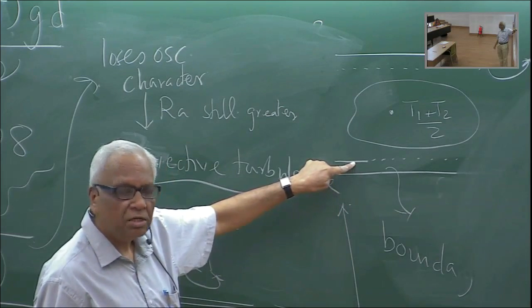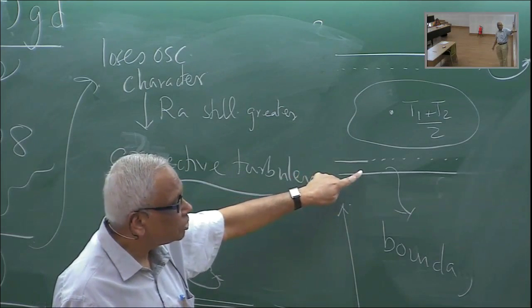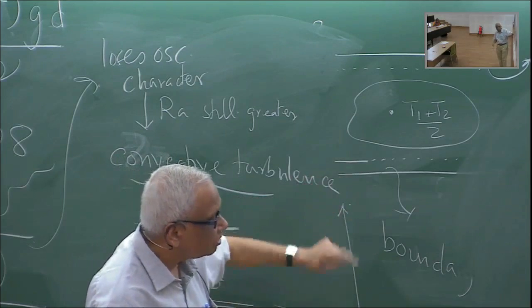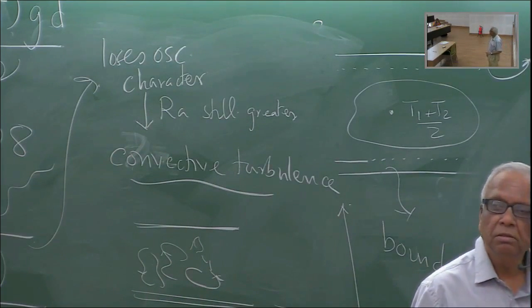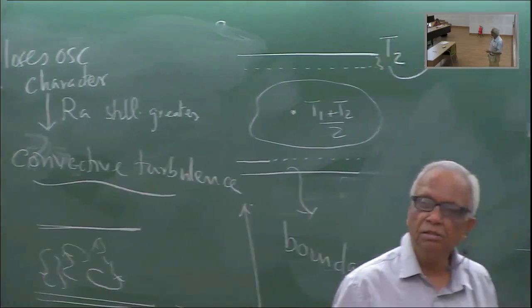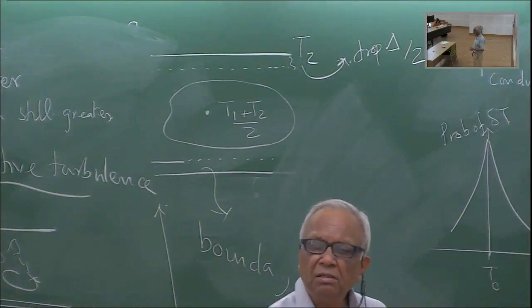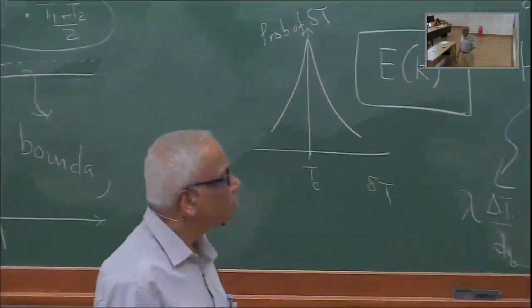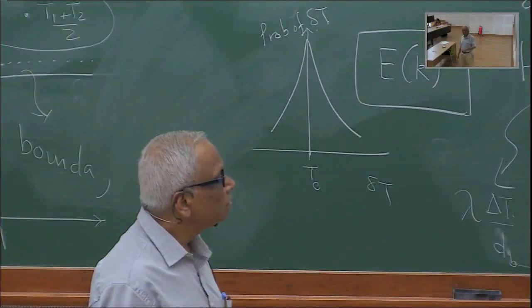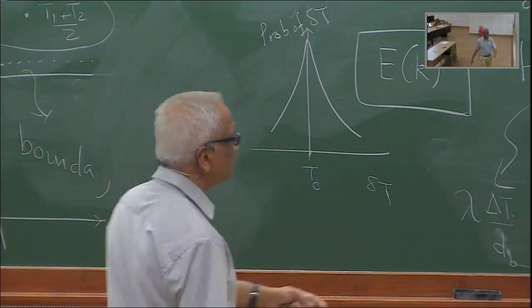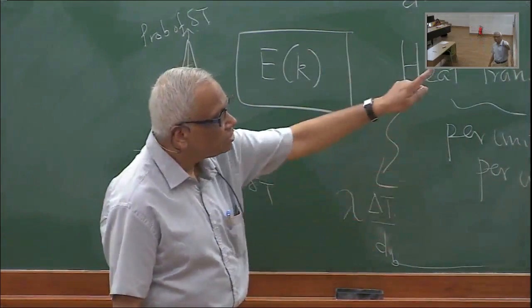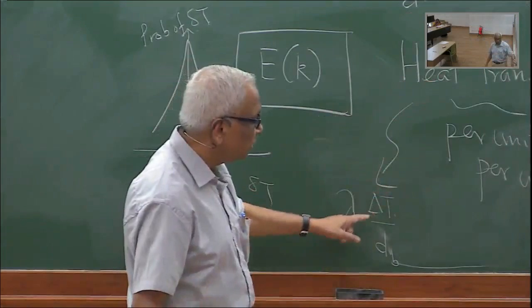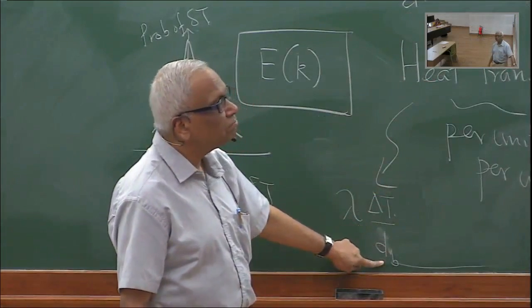The heat conducted across the boundary layer, of thickness d_B, is lambda delta T divided by d_B, and the heat conducted from top to bottom is lambda delta T divided by d.